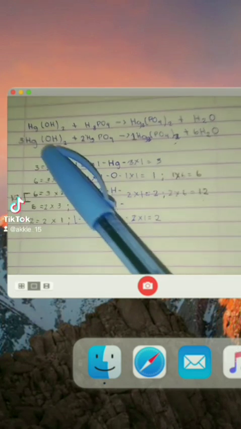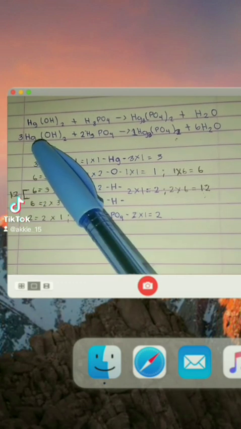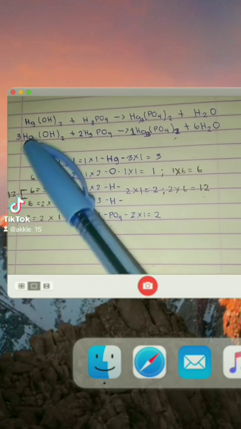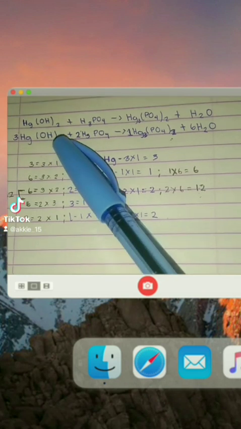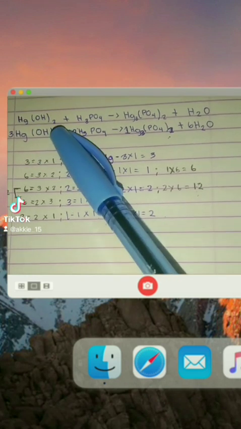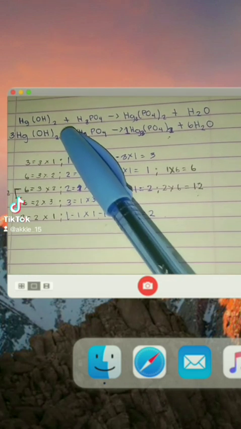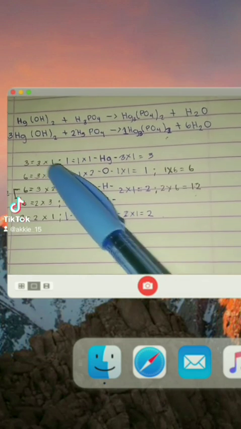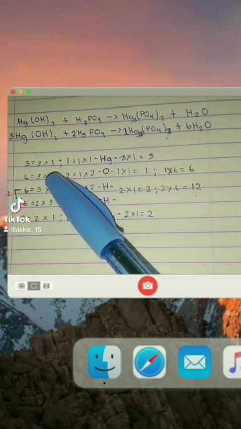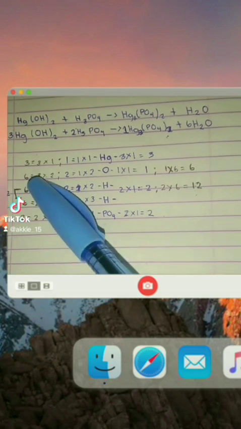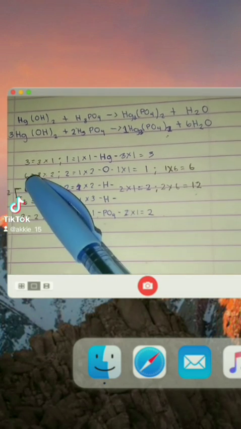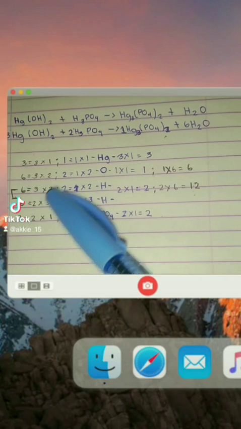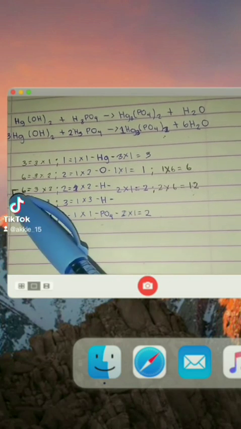Since we have written 3 as the coefficient for the Hg, we also affect our hydroxide, so we will update our oxygen and hydrogen. We now have subscript 2 times the coefficient 3. So 2 times 3 gives us 6 oxygens, and 2 times 3 gives us 6 hydrogens.